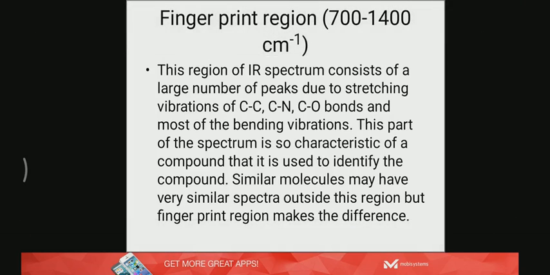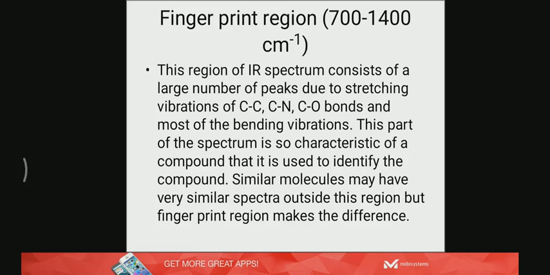Now, before we go into the examples, you should note an important point regarding the IR spectrum, that is what is known as the fingerprint region. What is it? In the IR spectrum, I told you it ranges from roughly 700 to 4000.